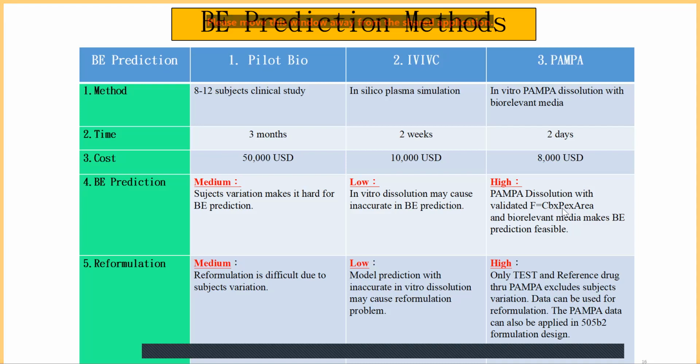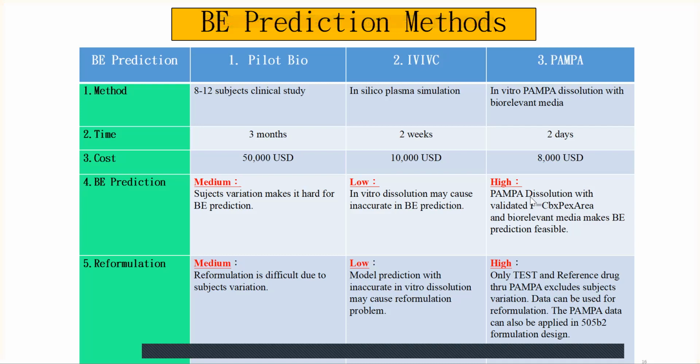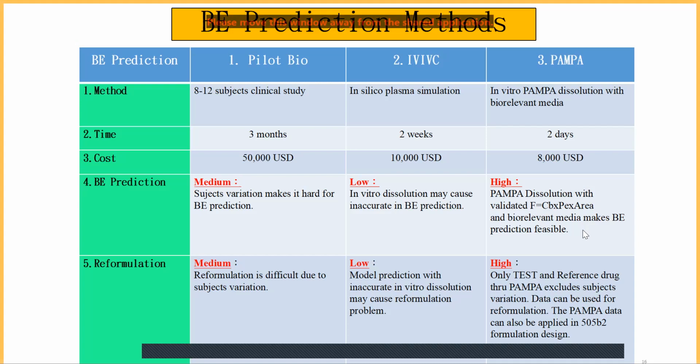in a simultaneous way. Okay, so the machine really follows the formula that was validated. That means whatever data is generated is really the difference between two formulations. Okay, so it's a very interesting way of doing this PAMPA method. Not only that, these data can also be used to do the reformulation because you have CB and BE measures.